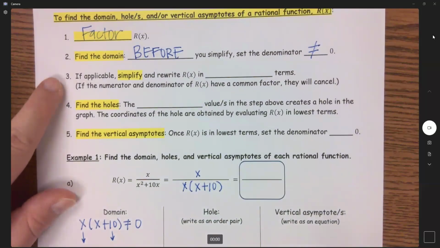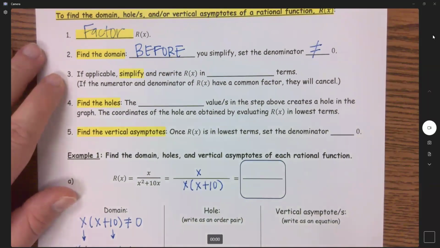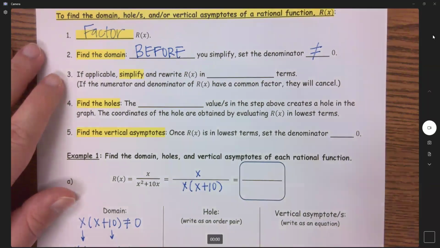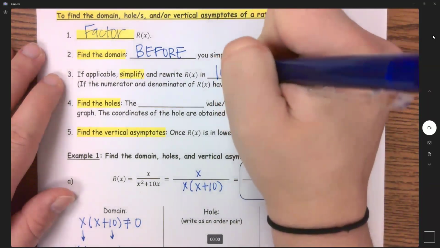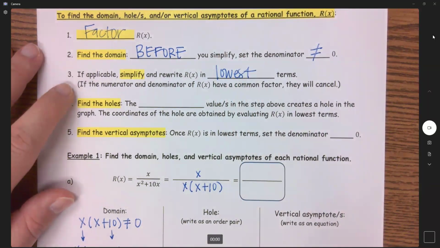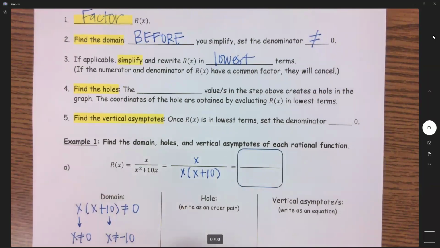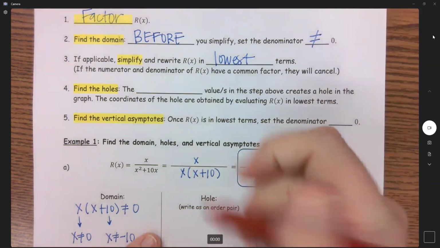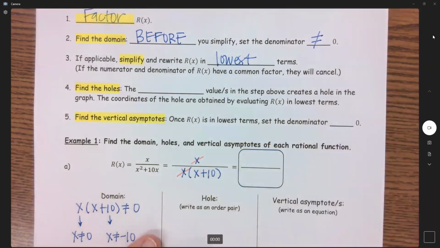Now coming back up here, it says, if applicable, simplify and rewrite r of x in lowest terms. If the numerator and the denominator of r of x have a common factor, they will cancel. So here we have a common factor of x. So those are going to cancel.